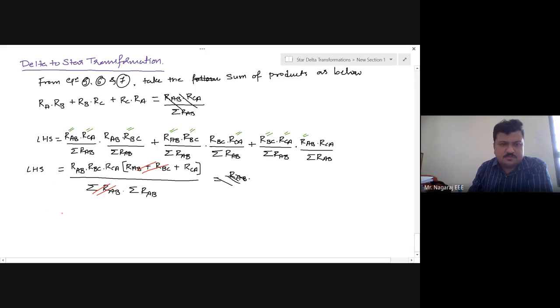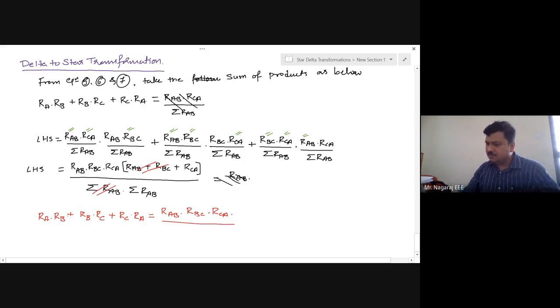So what is left is RA into RB plus RB into RC plus RC into RA is equal to RAB into RBC into RCA divided by summation RAB.